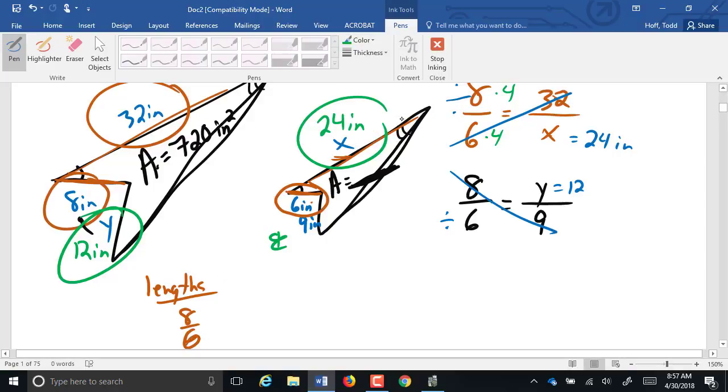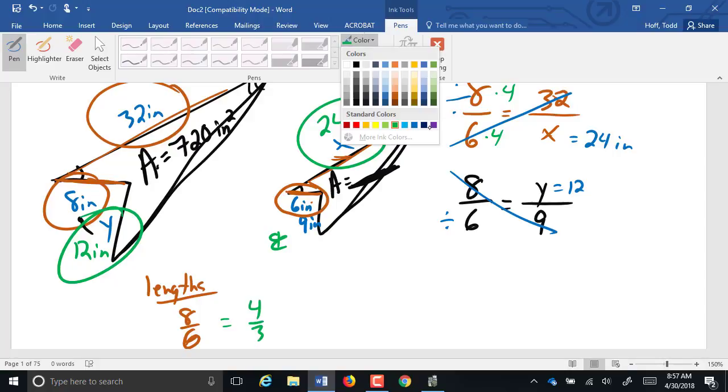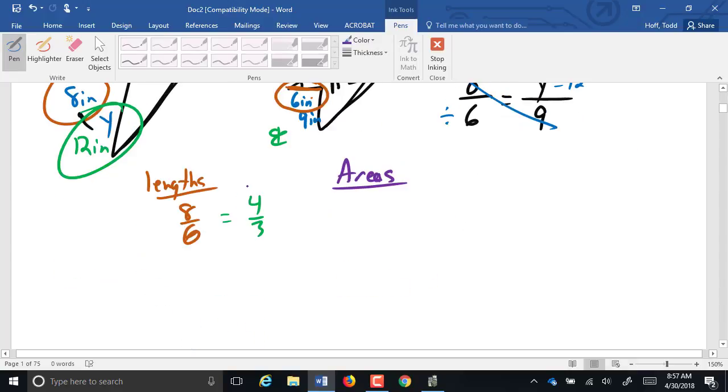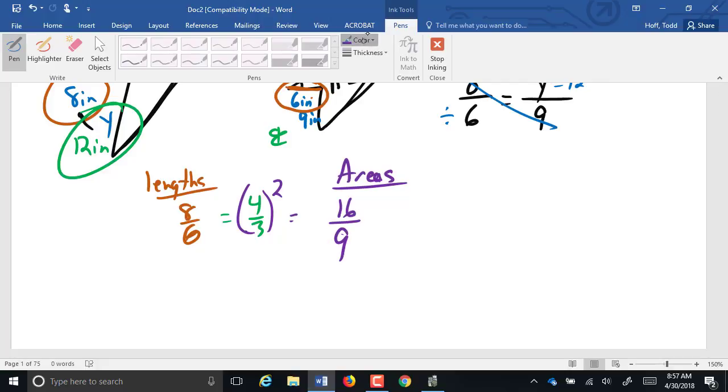In fact, we could reduce that to 4 to 3, correct? The ratio of areas is going to be found by squaring the ratio of lengths. 4 squared is 16, 3 squared is 9. So 16 to 9 is going to be the ratio of areas.